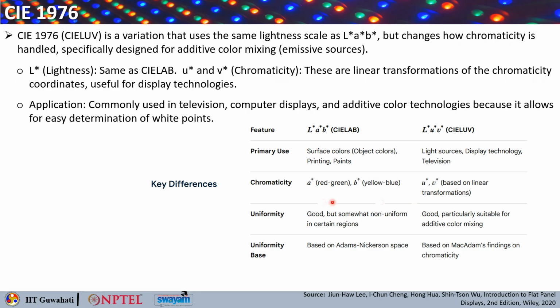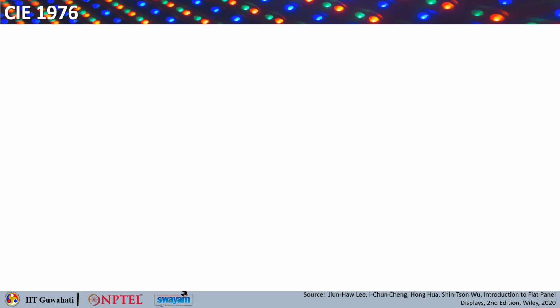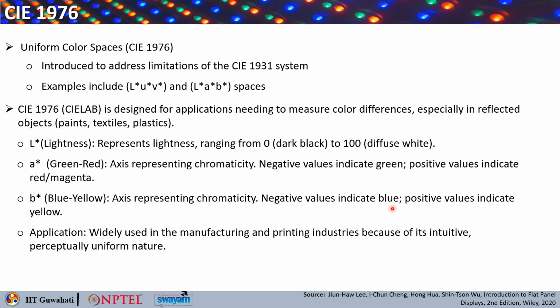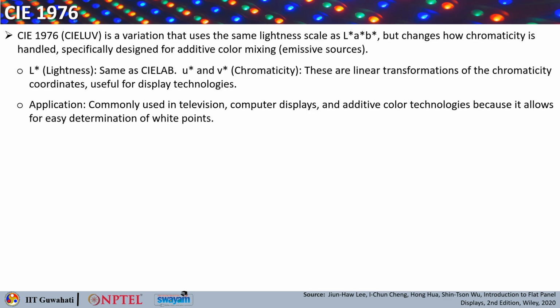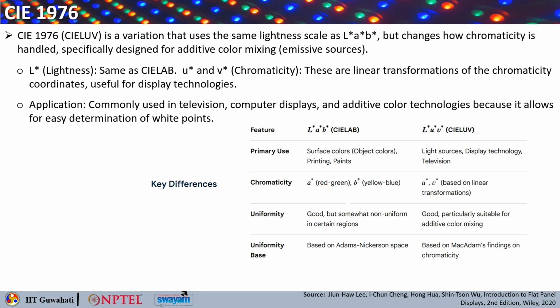The chromaticity axes I have already discussed: A star and B star here, U star and V star there. These are based on linear transformation. Here A star gives you green and red; I think it is the other way around. Yes, negative is green, positive is red. Here also negative is blue, positive is yellow, for B star.